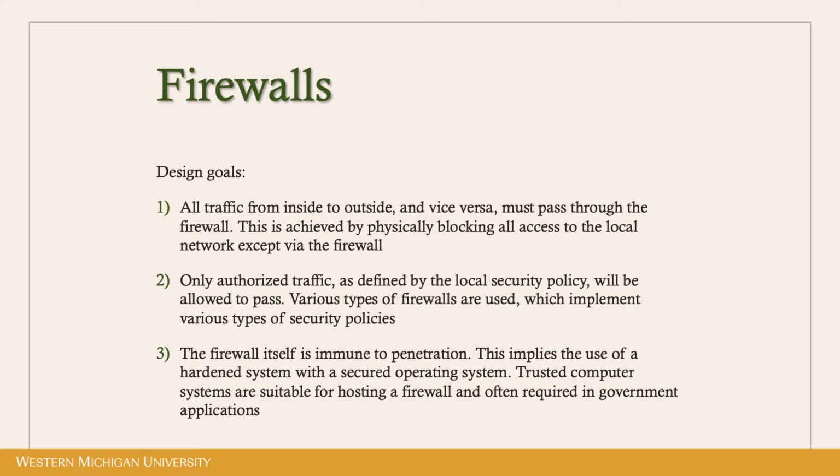And another design goal, the firewall itself has got to be immune to penetration. This implies the use of a hardened system with a secured operating system, right? We've got to make sure that no one can hack our firewall and start making changes and allowing their own malicious traffic through to our protected systems, right? If the firewall itself gets compromised, we might as well not have it at all.